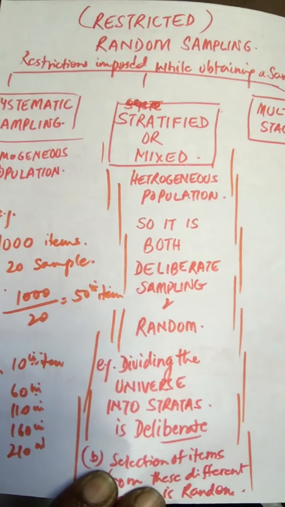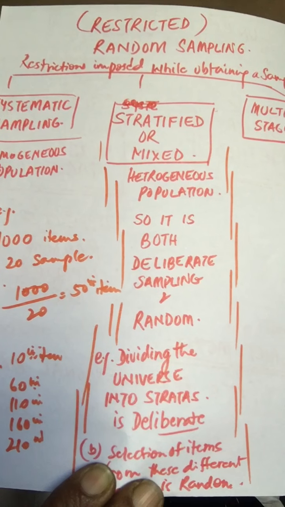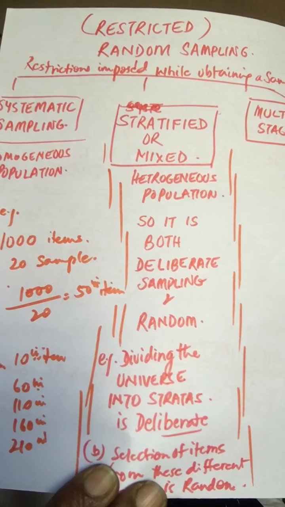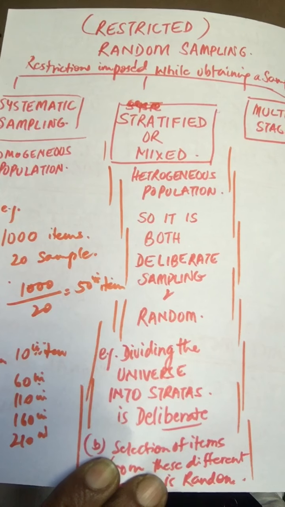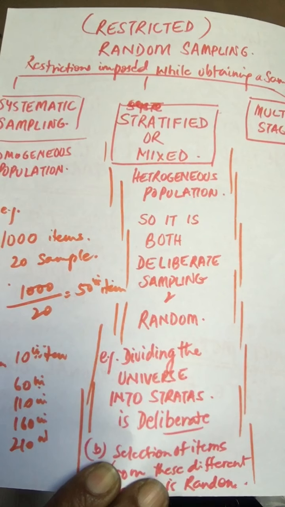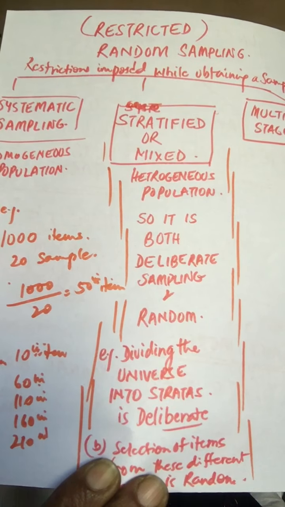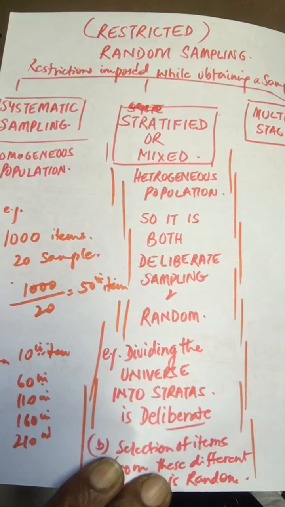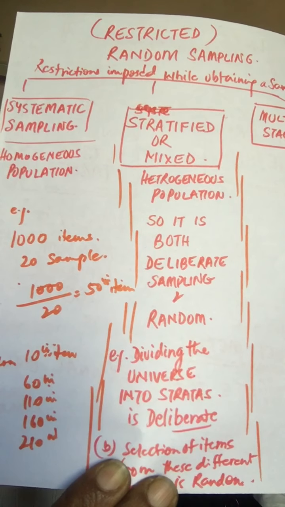Under this method, the population or universe is divided into different strata or groups having different characteristics, and some of the items are selected from each stratum so that the entire population is represented.